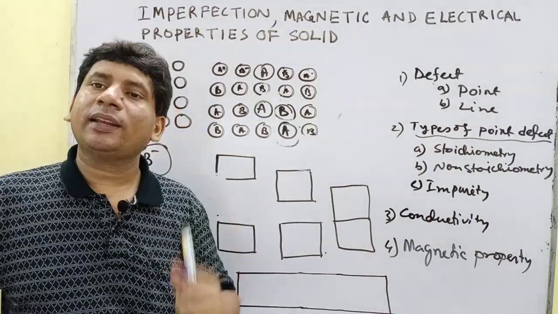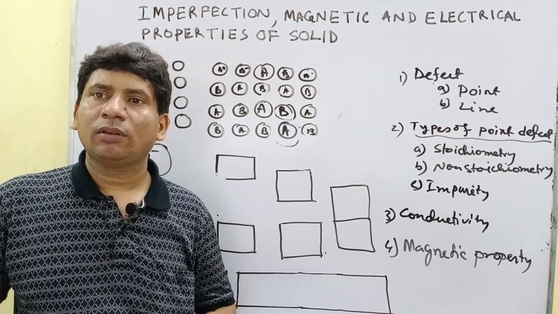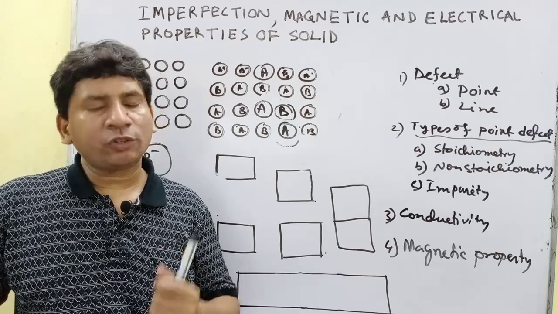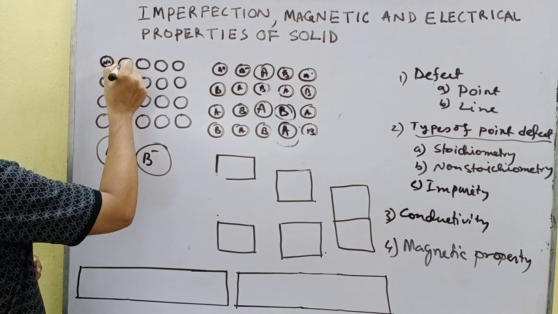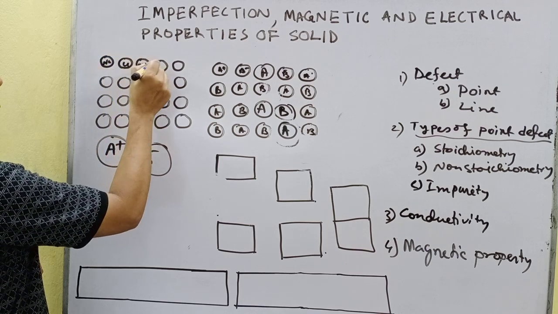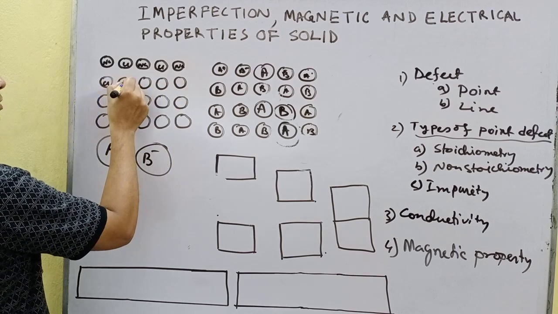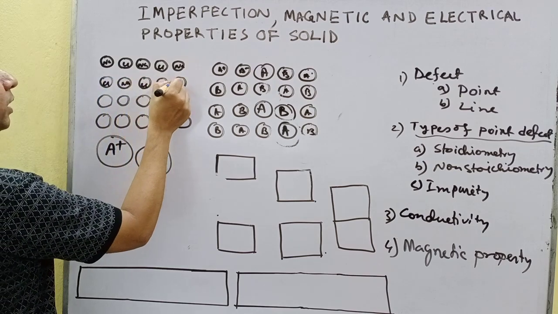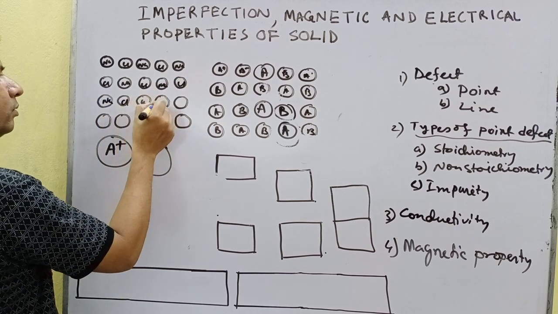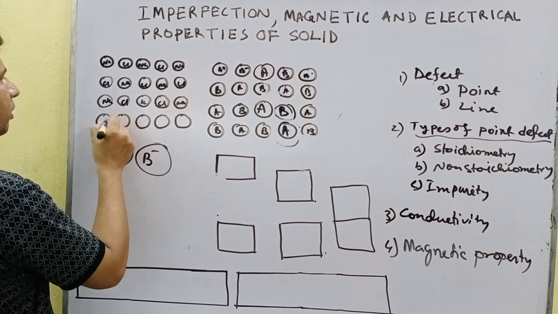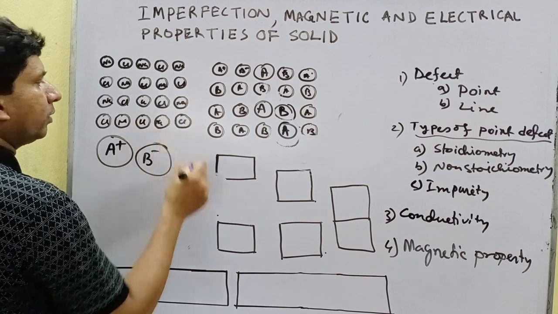Metal excess, what is metal excess? It is due to anionic vacancies on heating, like in sodium chloride: Na plus Cl minus, Na plus Cl minus, and so on.